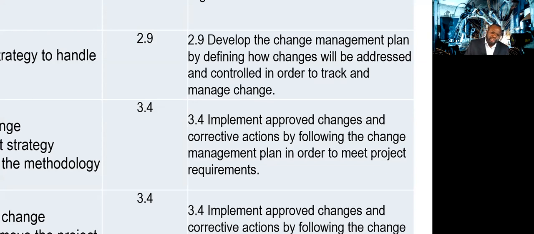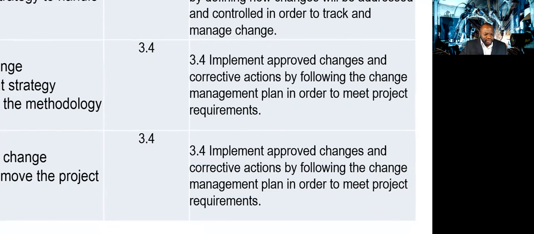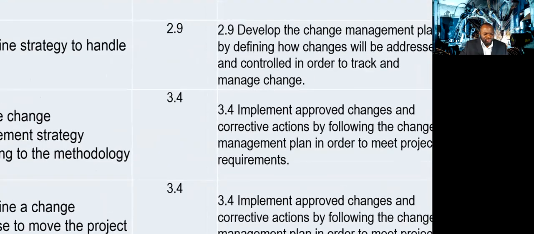Do we need a change control board or do we not? And things such as that, okay? Next one, it says implement approved changes and corrective actions by following the change management plan in order to meet project requirements. Last but not least, it says implement approved changes one more time, what we just read.